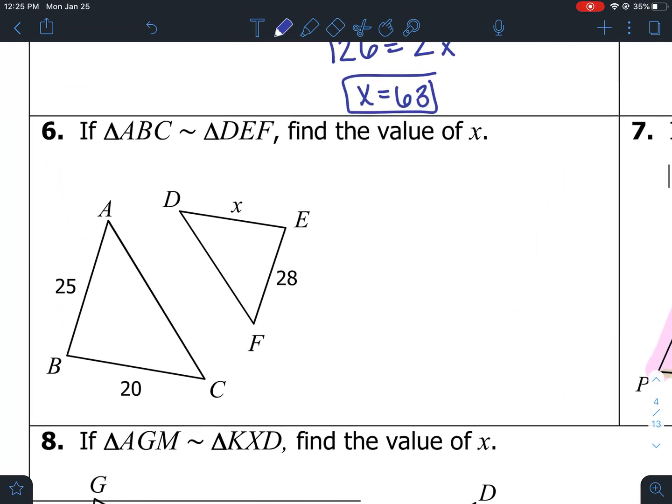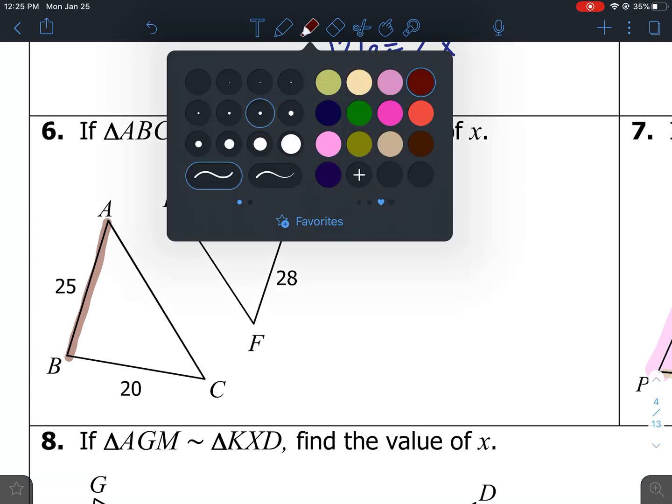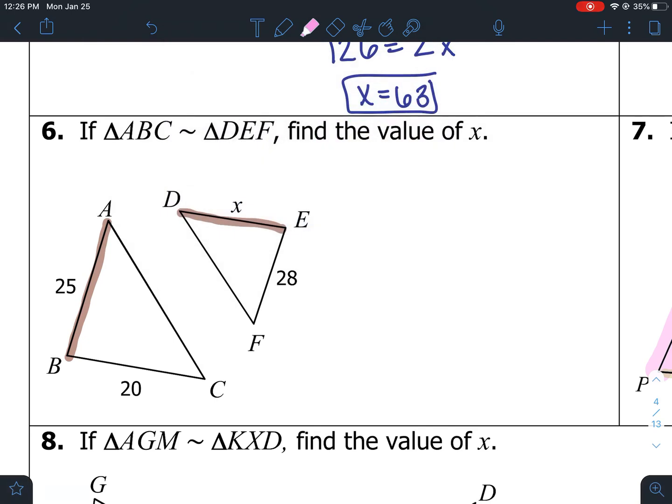Okay, here for number 6. When it doesn't only have just one value, I recommend highlighting things, color coordinating, to make sure that things are going the same way. So I'm going to do AB first in this brown color. AB is similar to DE. And then I'll do EF. EF is going to be similar to BC.